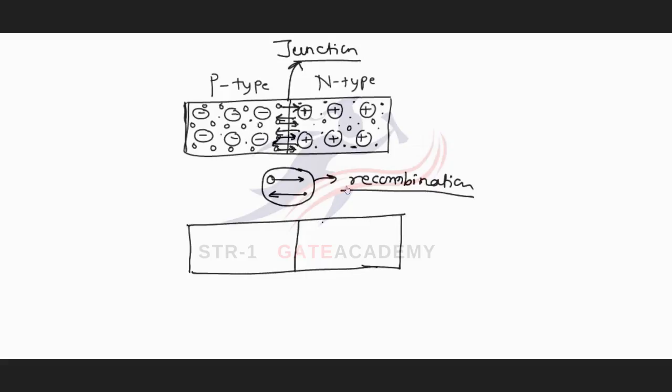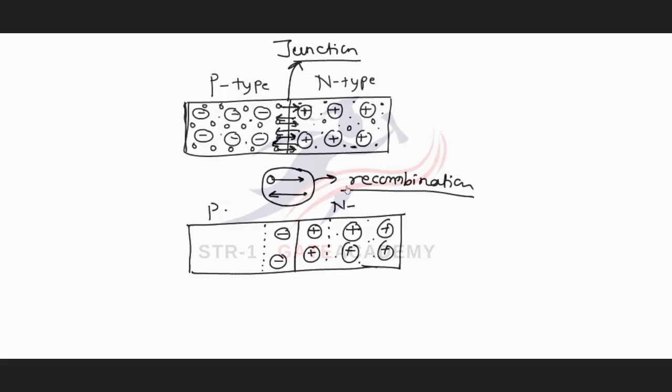Due to the recombination, a large number of bonds will be formed, and a region is formed near the junction which consists of positive ions on the n side and negative ions on the p side, while the rest of the material will be as it is.